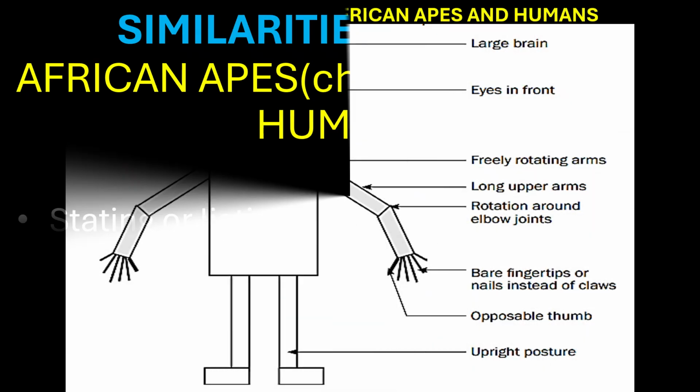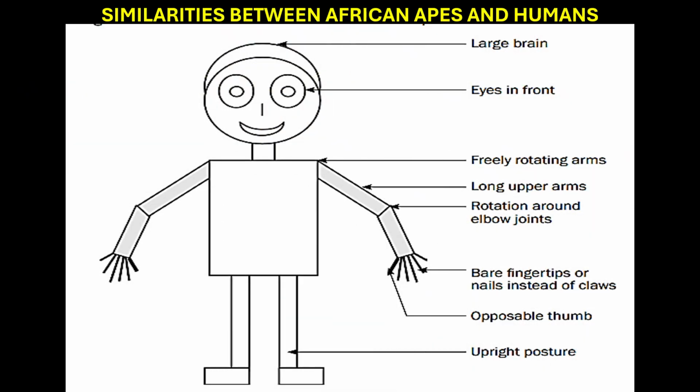So here are the similarities between humans and apes. So first and foremost, if you look carefully, starting from the top, humans and apes both have large brains. Our eyes are in front. Our arms rotate freely. Our upper arms are long.